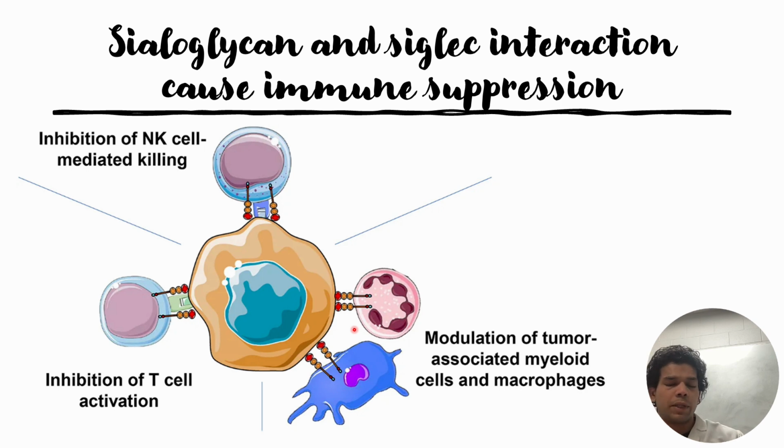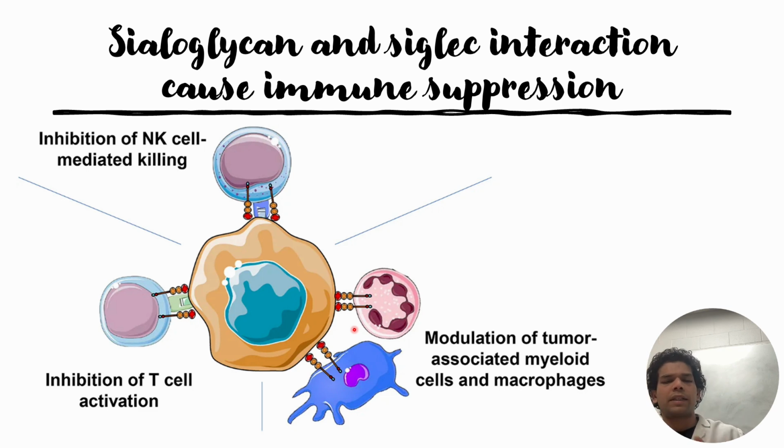So they are more prone towards immune suppression compared to the other immune cells which have single receptors. These single receptors can interact with the Sialoglycans that are expressed on the tumor cells. For example, the T cells have Siglec-9, and the myeloid derived suppressor cells, or MDSCs, have Siglec-10.